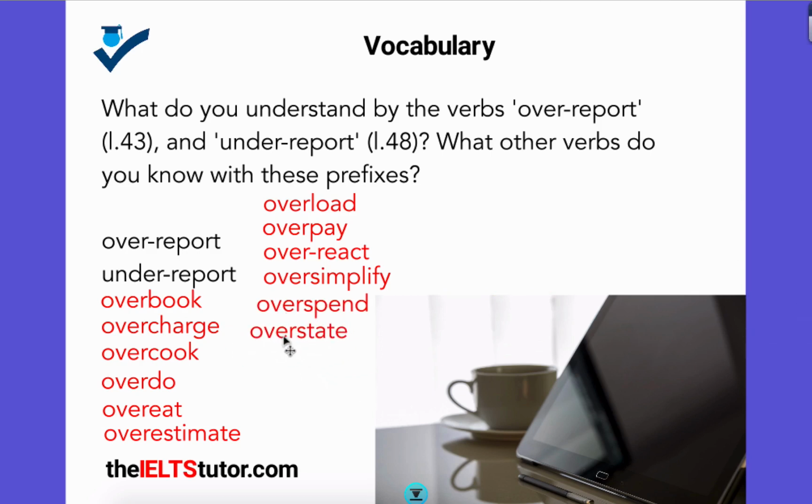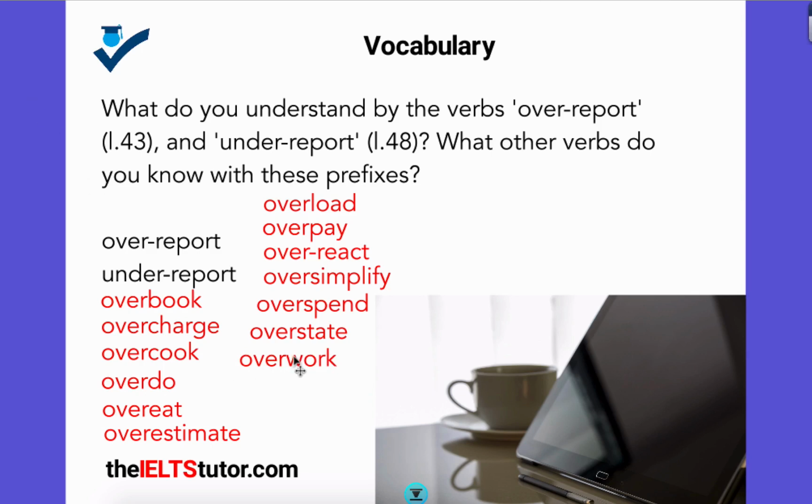And then we have overstate. That means to make a statement that's, I think, quite exaggerated. And then we've got overwork, which is quite similar to overload, having a work overload.